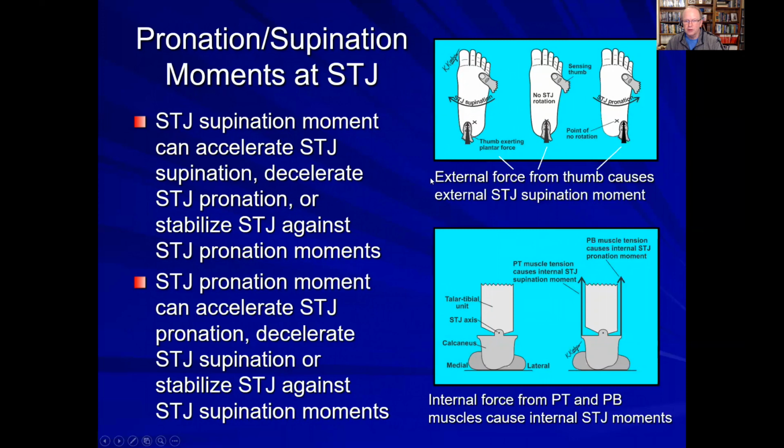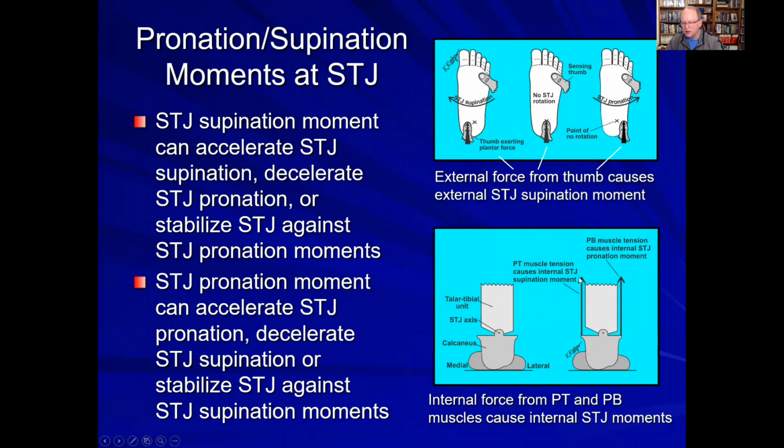Subtalar joint pronation moments and supination moments therefore can be caused either externally or internally. The lower diagram here shows my model of the lower extremity, including the talar tibial unit, where I've combined the talus and tibia in one unit with its subtalar joint axis. Here's the medial aspect of the foot and lateral aspect of the forefoot with the calcaneus.